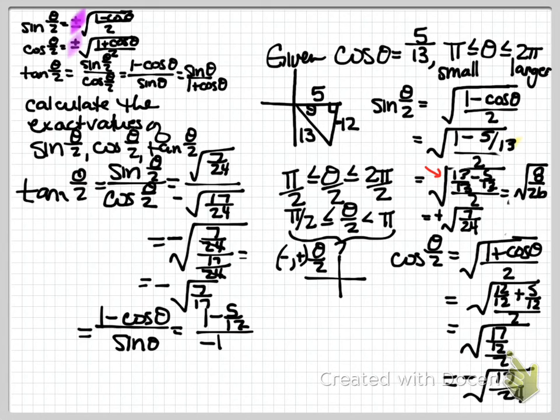And you don't have to reduce it if you want to. You can. So you could say it's the square root of 4 over 13.